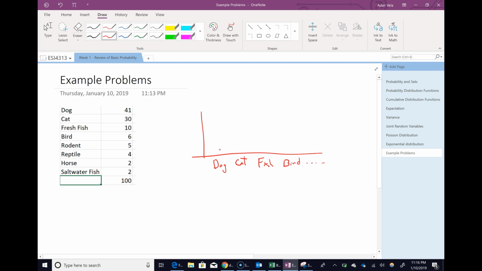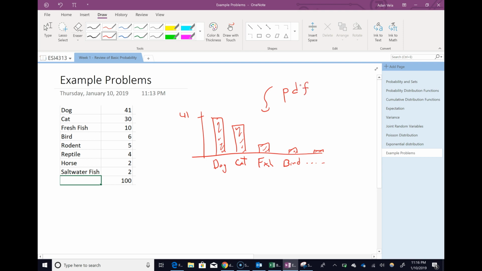We do our standard bar chart graph. This goes up to 41. Cat goes up to 30. Fish 10. Bird less than that. And so we'd see something kind of like this. This would correspond to our PDF.